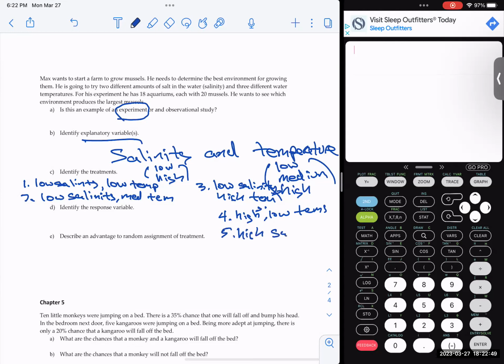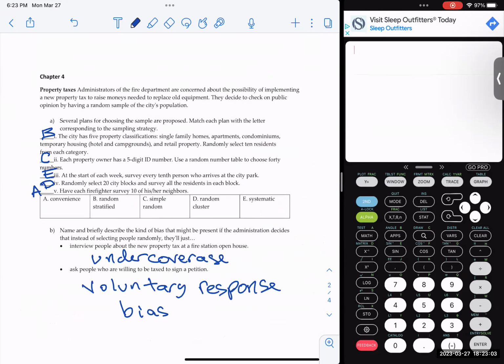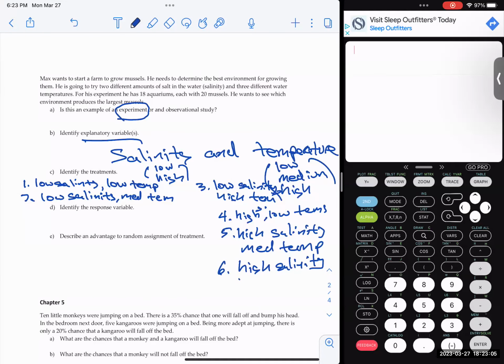High salinity, medium temperature. High salinity, oh, high temperature. Right? Good.